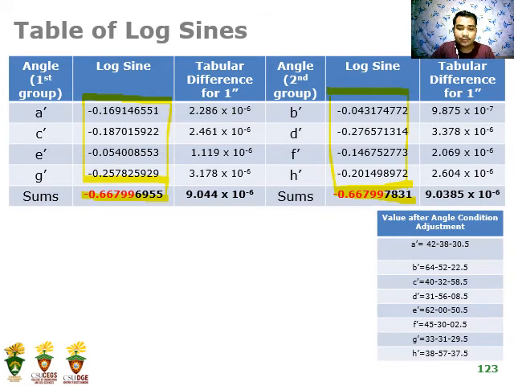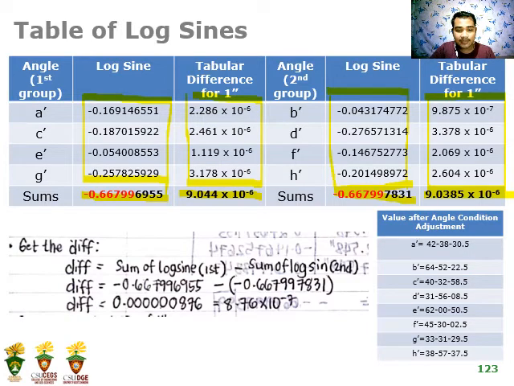And also we're going to get the sum of the tabular difference of 1. When we add them, we get 9.044 times 10 to the negative 6 and 9.0385 times 10 to the negative 6.